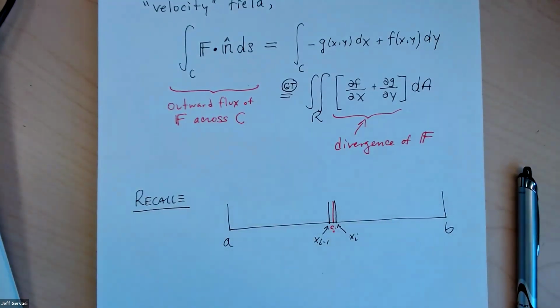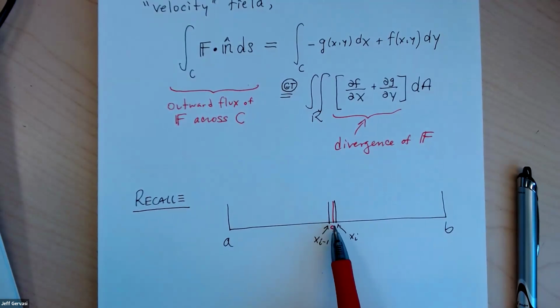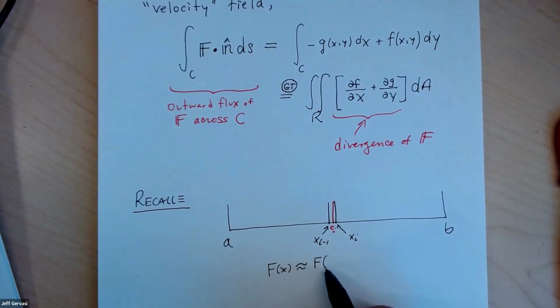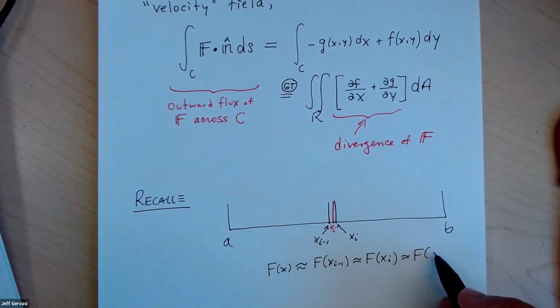And our question is, how much does the force vary over such a tiny interval? Not much, huh? In fact, I would say, and I think you would agree, that the force over such a small subinterval is approximately constant. To be a little bit more technical, the force over that interval is approximately equal to the value of the force at either the left endpoint or the right endpoint, or any number in between, we'll say the sampling number.